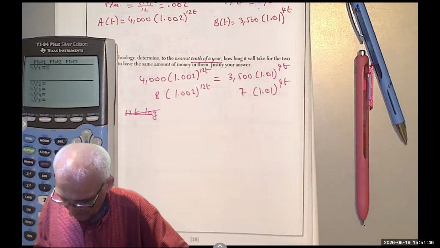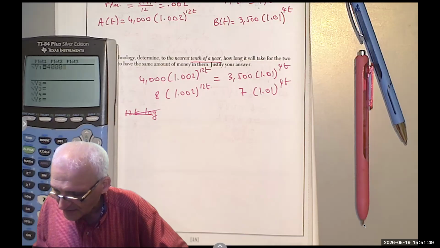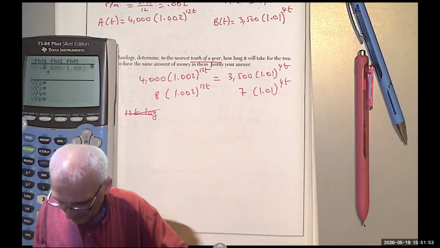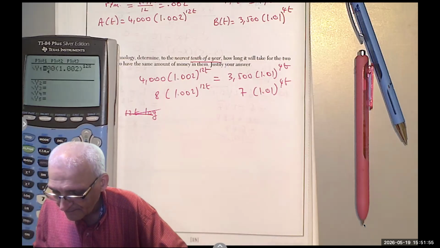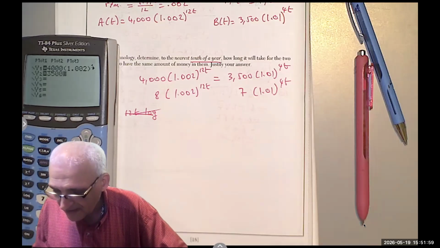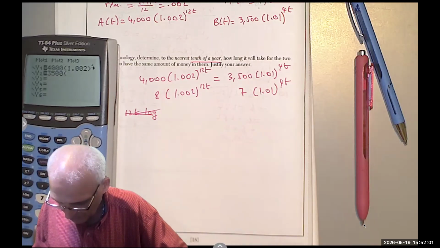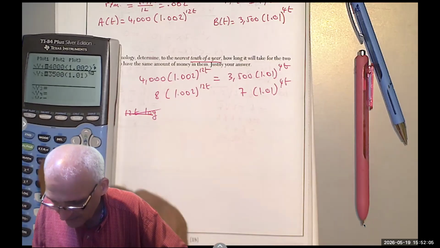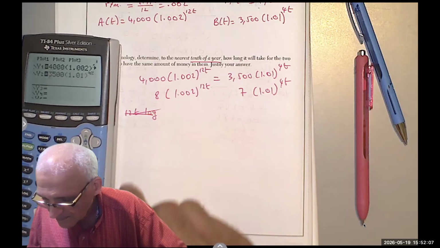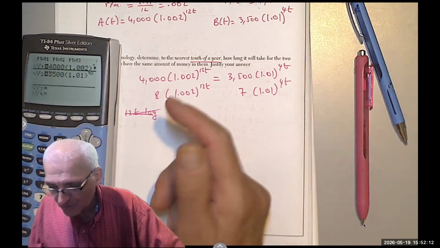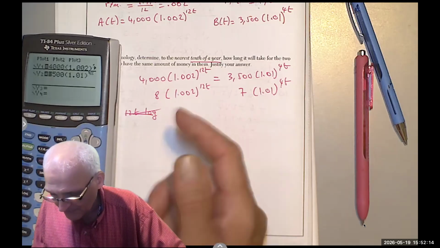I'm going to do the first one as 4,000 times 1.002 raised to the power of 12x. And I could subtract, as I said, or make another one, 1.01 raised to the power of 4x. In fact, there is no reason to say 3,500.